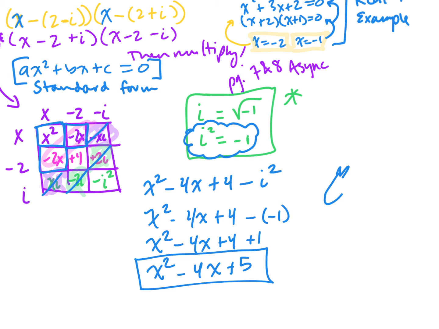So here is where, if I think about my camel, how's my camel look? Oh dear. What did he do to deserve this? You get the idea. So here was my i squared, but really, that is a real number, right?